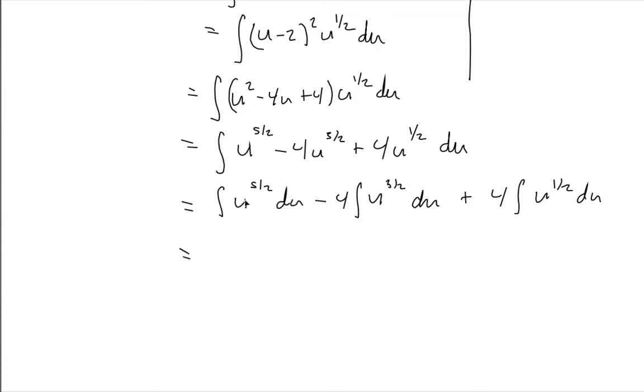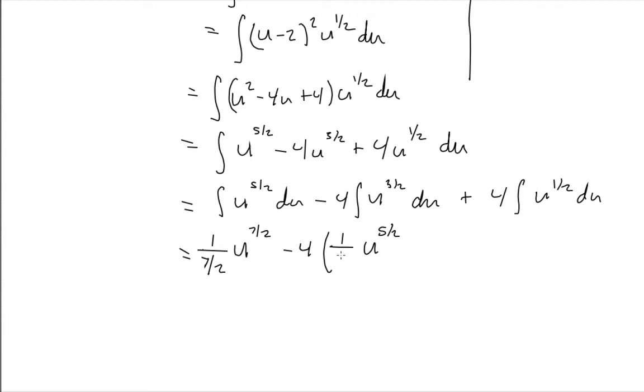So u to the power of 5 halves becomes u to the power of 7 halves, because the rule is take the exponent, add 1, so I get 7 halves. And then what I have to do is divide by the new exponent. So this is multiplied by 1 over 7 halves, minus 4. And what is this antiderivative? Well, again, I take the power and add 1, so that becomes 5 halves.